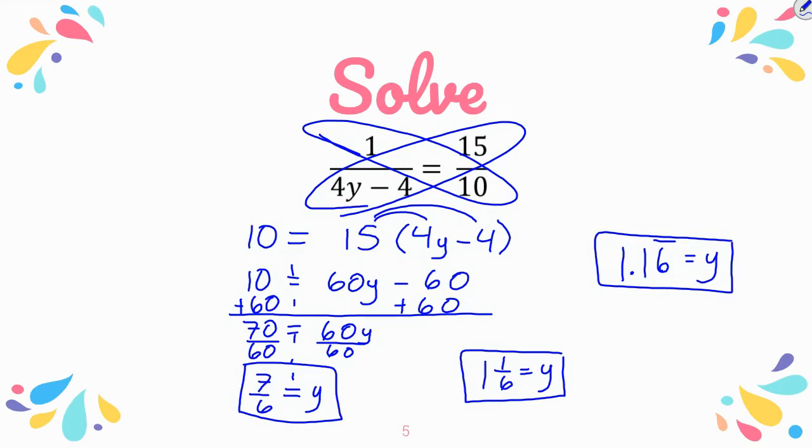However, there is one more thing that we have to pay attention to. Remember how when we have A over B equals C over D, B cannot equal 0, and D cannot equal 0. So we're going to talk about something in this particular problem called an exclusion.